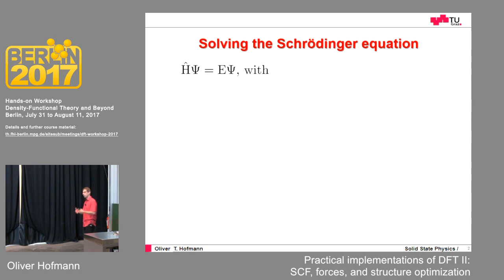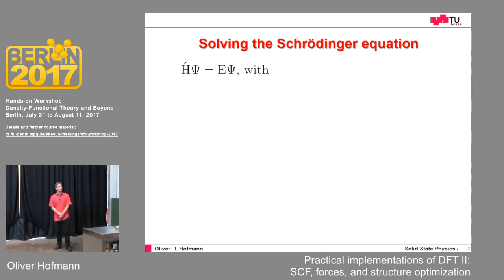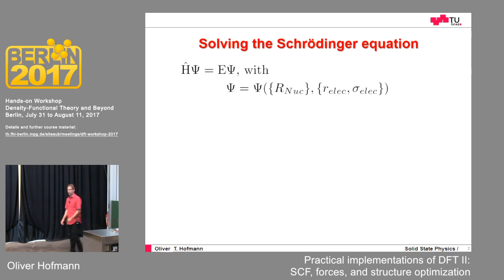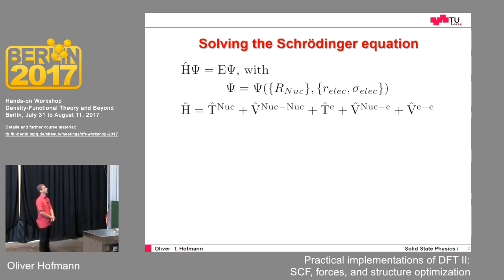What we want to do, whatever we want to do with our calculation, is we want to solve the Schrödinger equation. Where the wave function is basically given as a function of the nuclear coordinates and the electronic and spin coordinates.